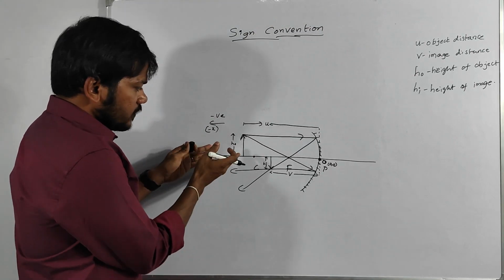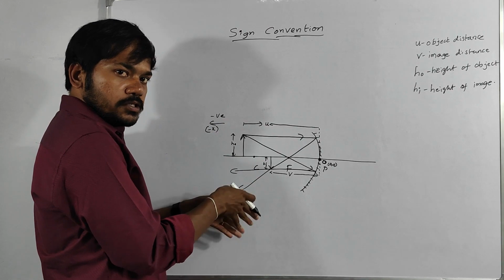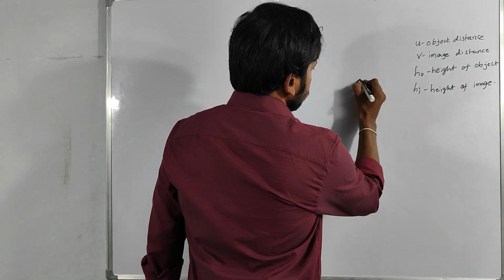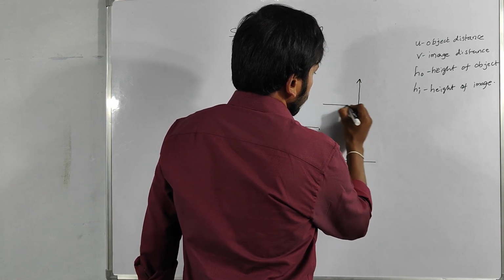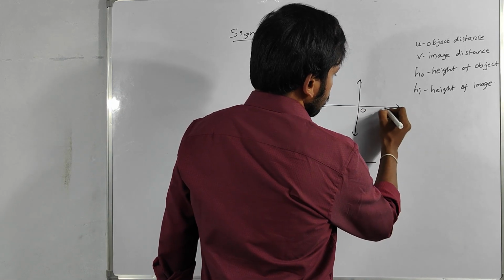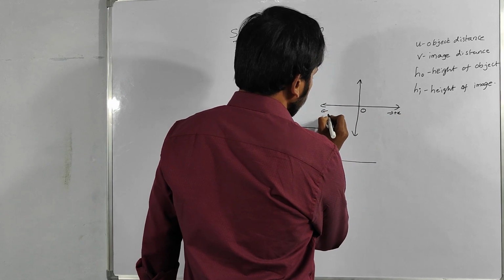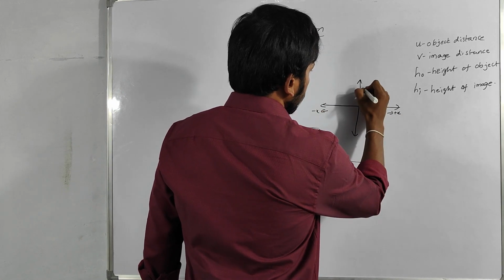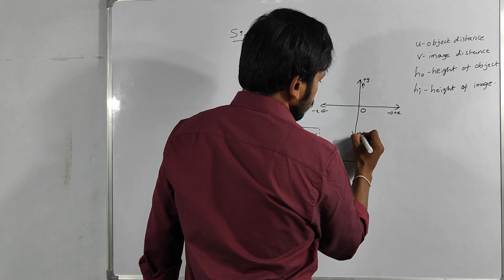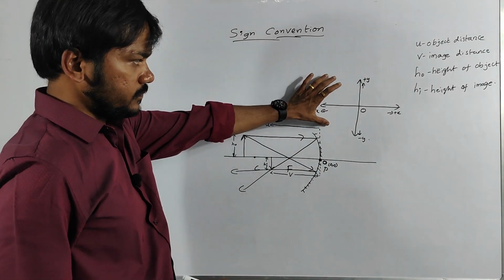And obviously height of the object is positive y, height of the image is negative y, because if you consider a 2D axis where O is the origin, this is the direction of positive x, this is negative x, this is positive y, and this is negative y.